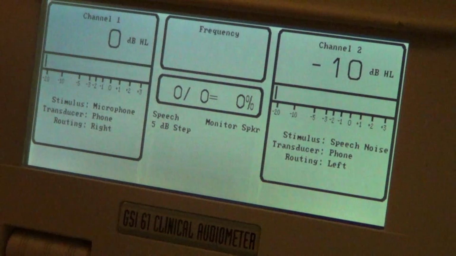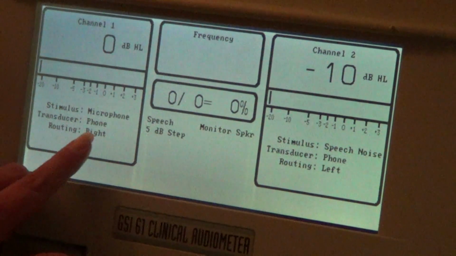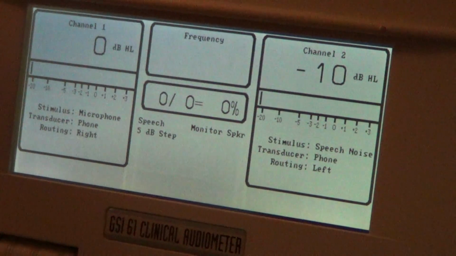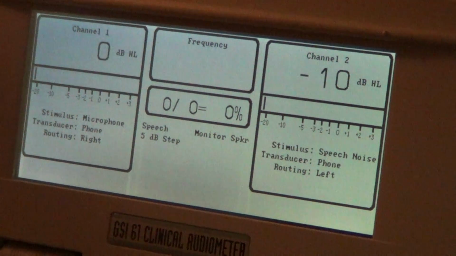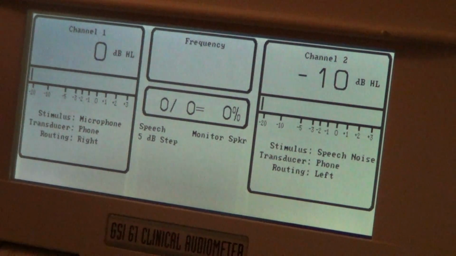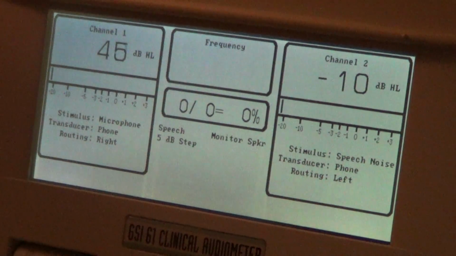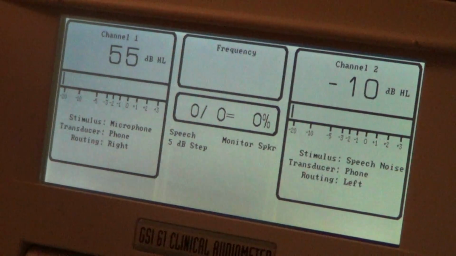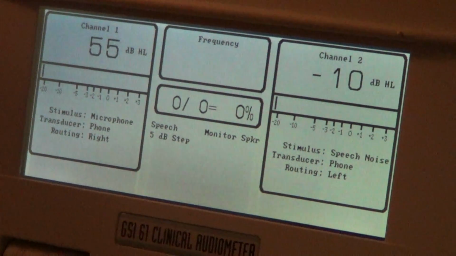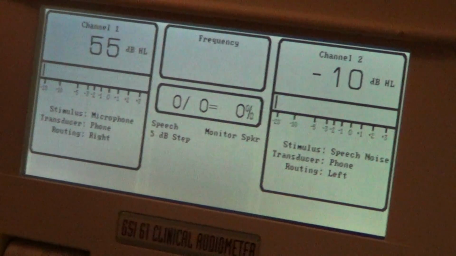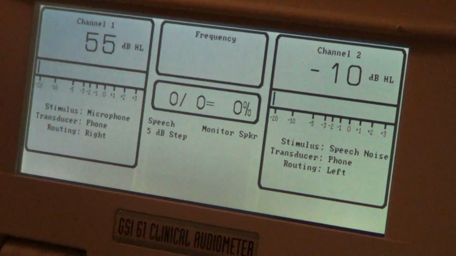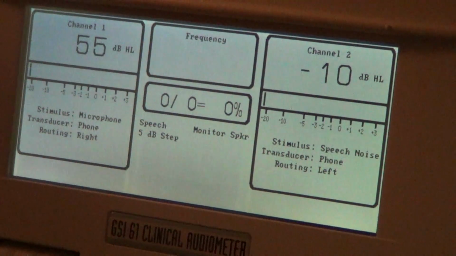We're going to present this through the headphones, and in this case, we'll start with her right ear. I'm going to put the intensity up to approximately 55 decibels for this person and start the testing here. I'm going to familiarize her with the word list and then we get started.